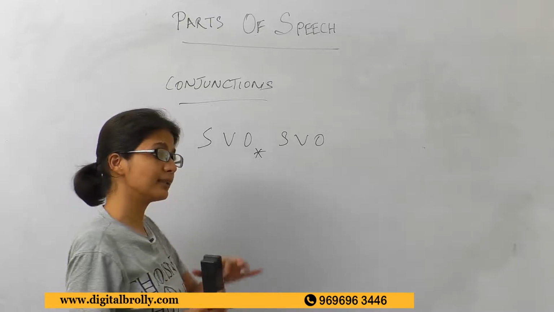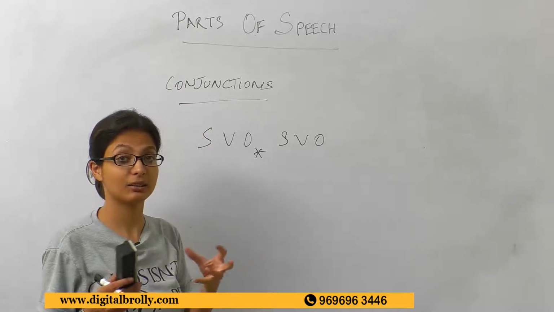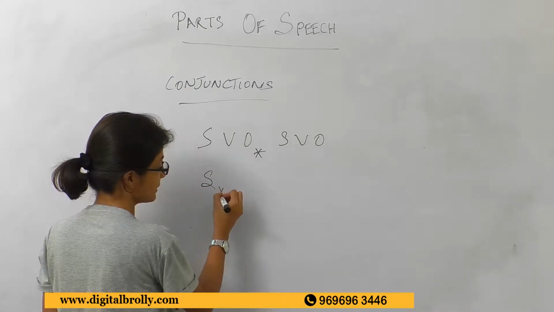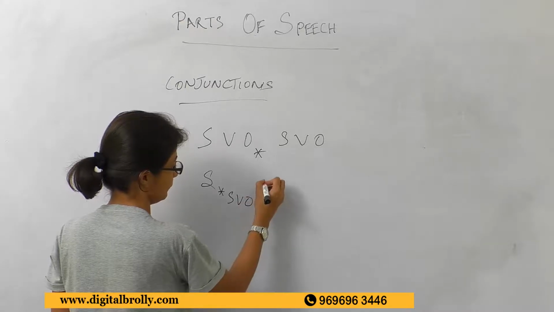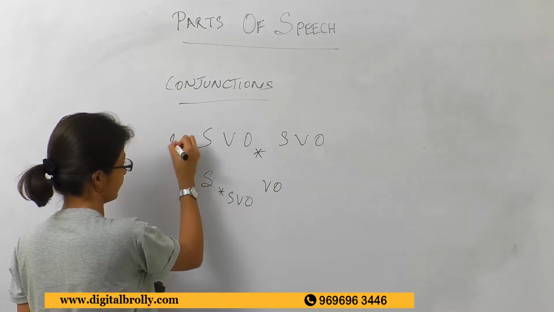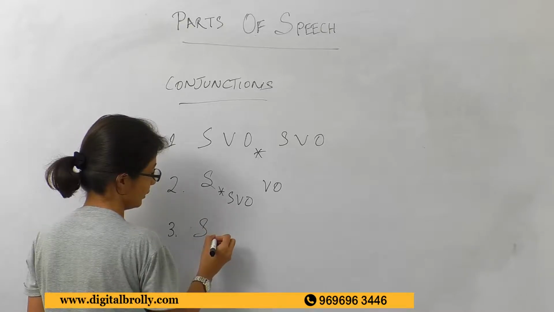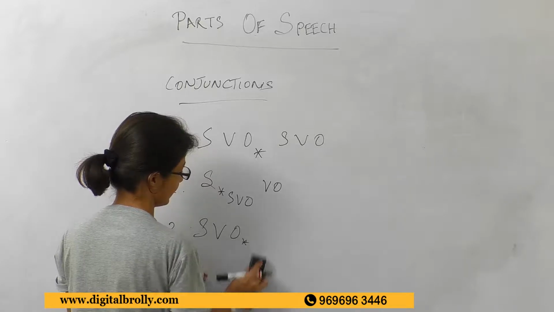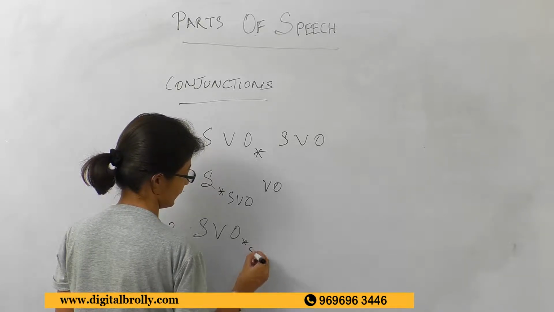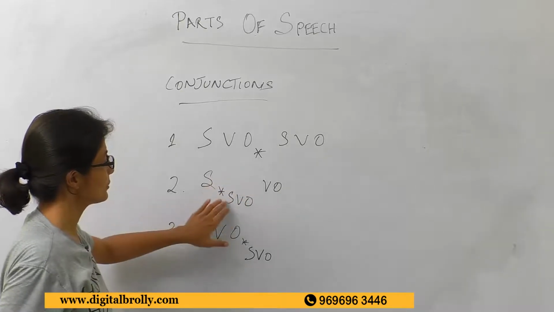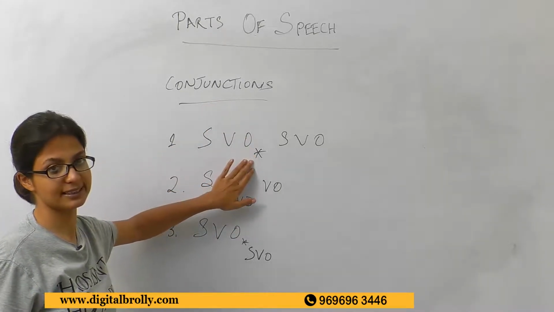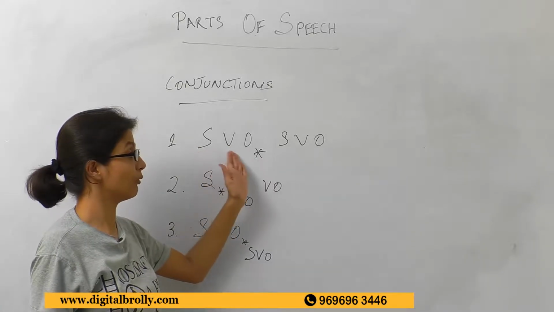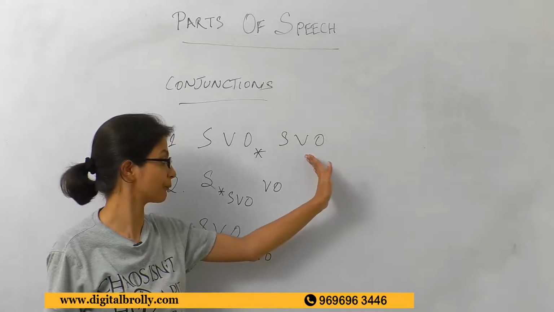Or you have other kinds of complementizers for adding clauses in a sentence, if you remember the clause episode, where you have complementizers here adding SVO, or you have complementizers here adding SVO. So these are the positions where conjunctions can appear in the sentence. I'll give you an example for each. I will go home and I will have an ice cream.